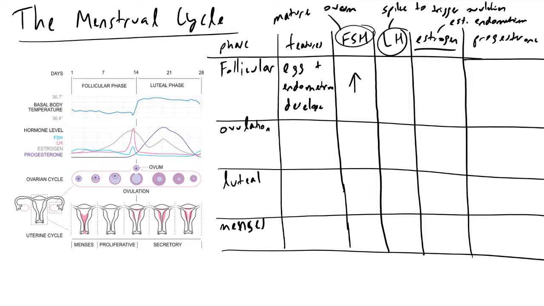Luteinizing hormone isn't going to be doing anything because it's not its time yet. So the egg still exists in the ovaries. Estrogen will be falling from the previous phase, but it will begin to rise again, as we see in this plot here, indicated in the gray line.